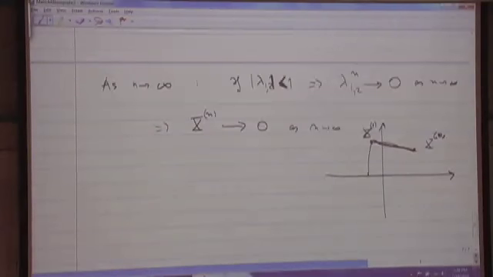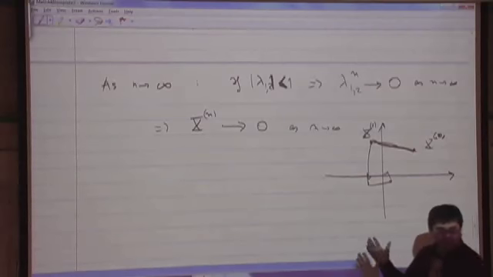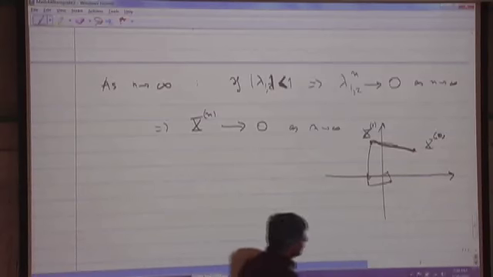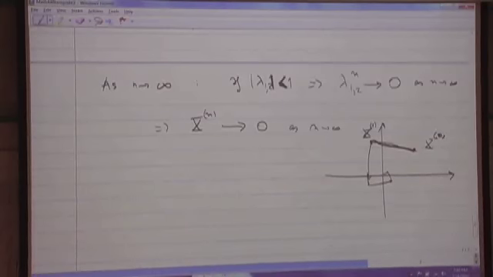But eventually what's going to happen is you're going to go to 0, not necessarily in this fashion, but in some fashion. And that tells something about the steady state.